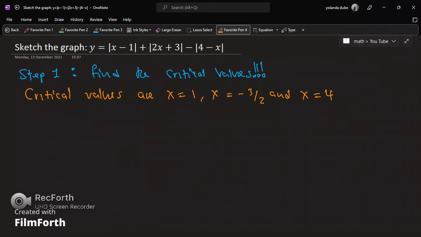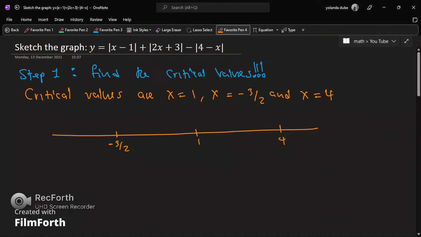Having these critical values allows us to create a distinct number of regions which we can then use to sketch the curve. If, for example, you represent all these critical values on a number line, starting from the least to the greatest, we have -3/2, and then 1, and then 4.